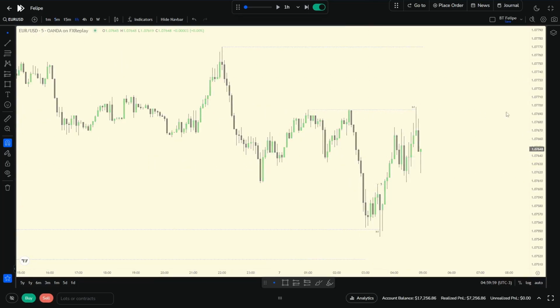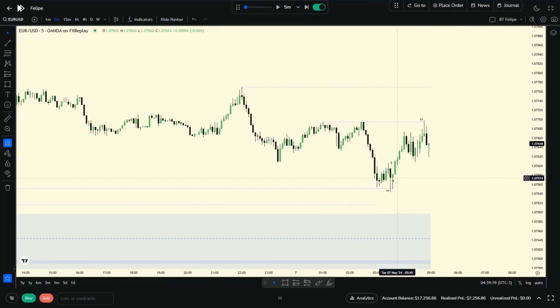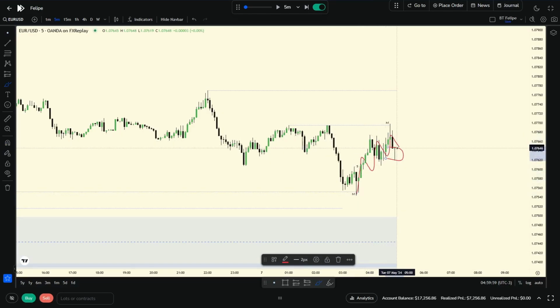Price is very tight. Took liquidity and didn't have enough space to develop. Like if it was something like this, and then I could long here to then take this liquidity. It was already very high in the leg.